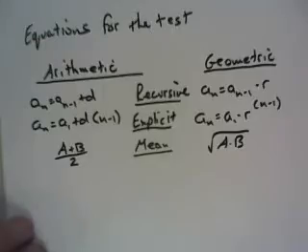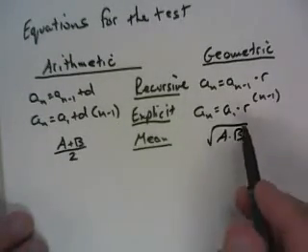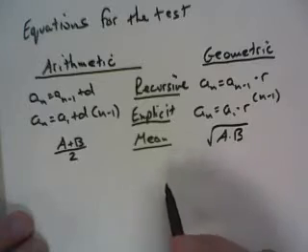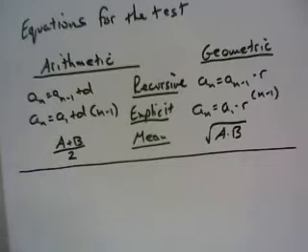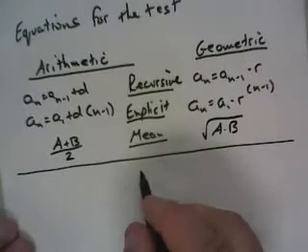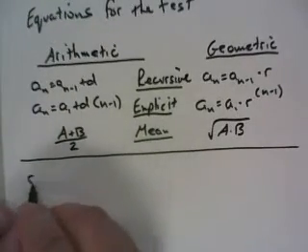So the other thing we talked about was a series. These are all types of formulas that we're going to need for sequences. But then we talked about a series, and remember, a series is when you add up all the terms in a sequence. So we're going to find the sum of all the terms in an arithmetic sequence using a formula that looks like this.